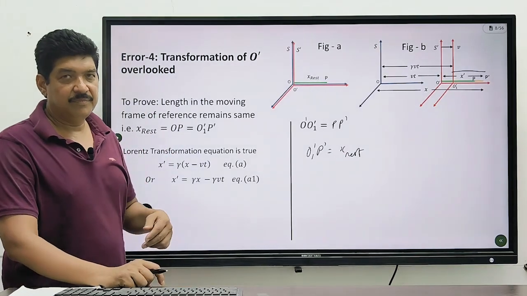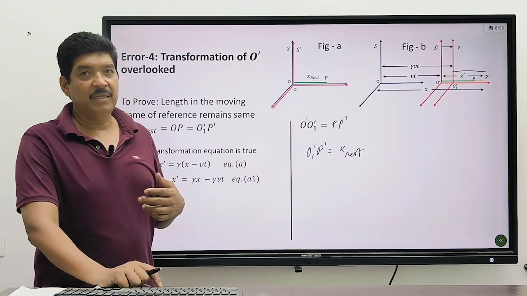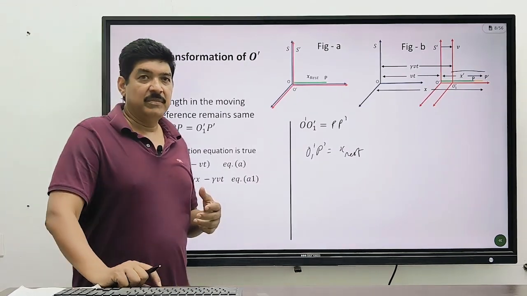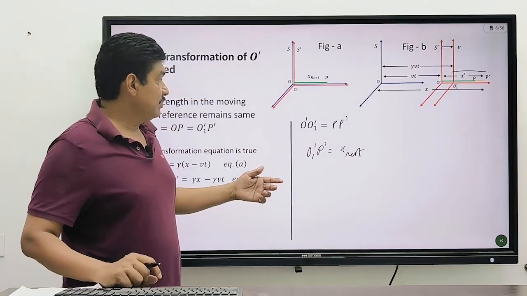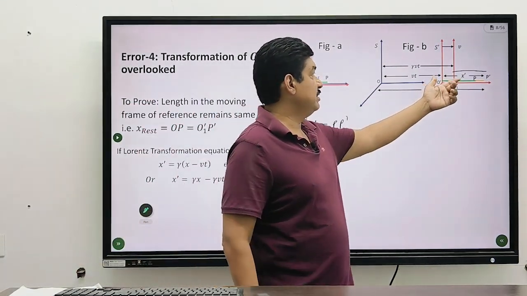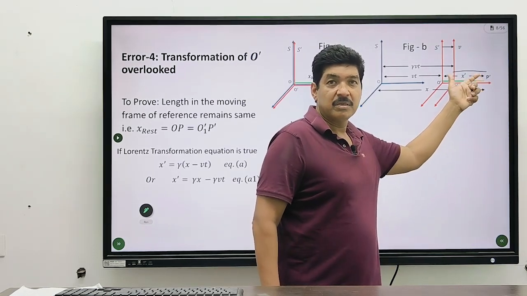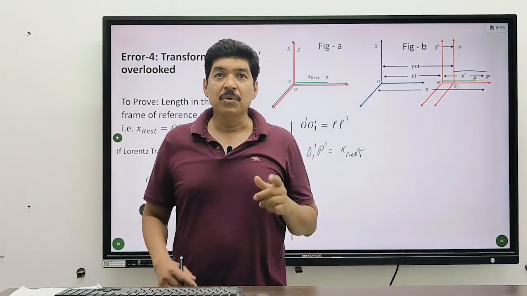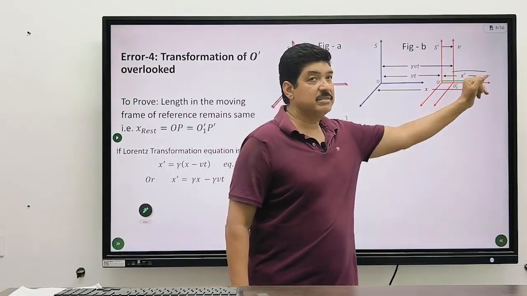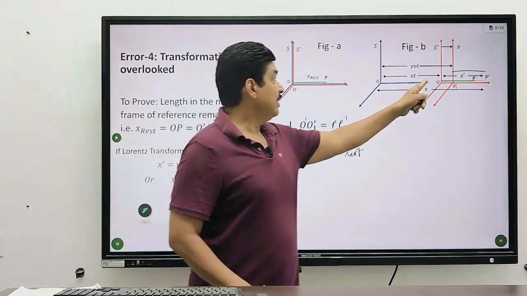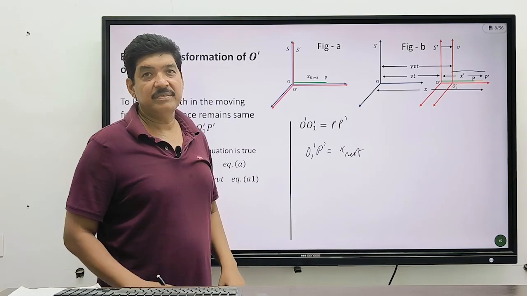See, in next videos I'll show you that length contraction is a farce, and here also I can show you that there is no change in length. So only with respect to this frame of reference there is change, there is shift, but length does not change.